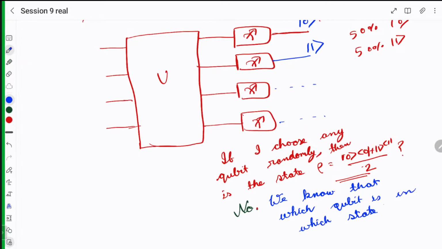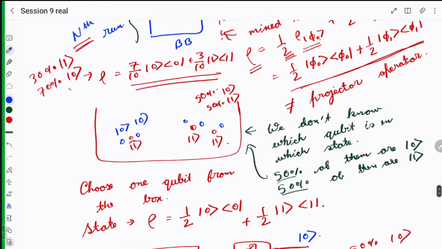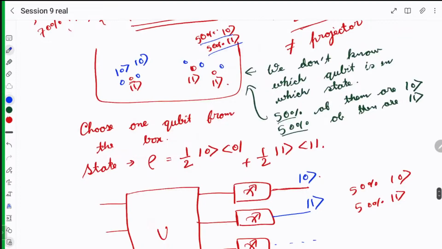But in this case, we know that 50% are Ket 0 and 50% are Ket 1, but we don't know which of these qubits are in Ket 0 and which are in Ket 1. So basically, we get a mixed state because of our ignorance, because we don't know. And this is something which is called the subjective ignorance.